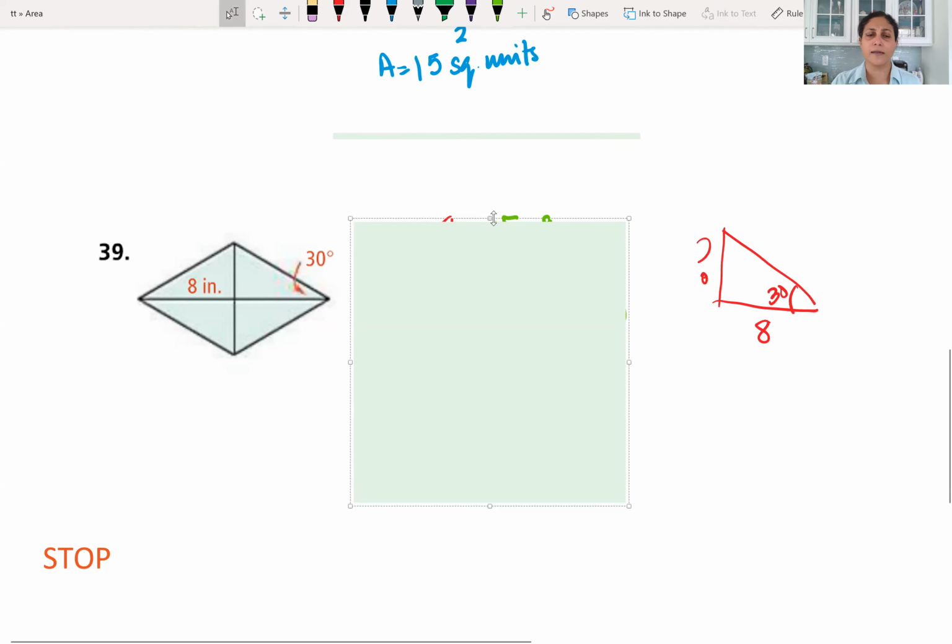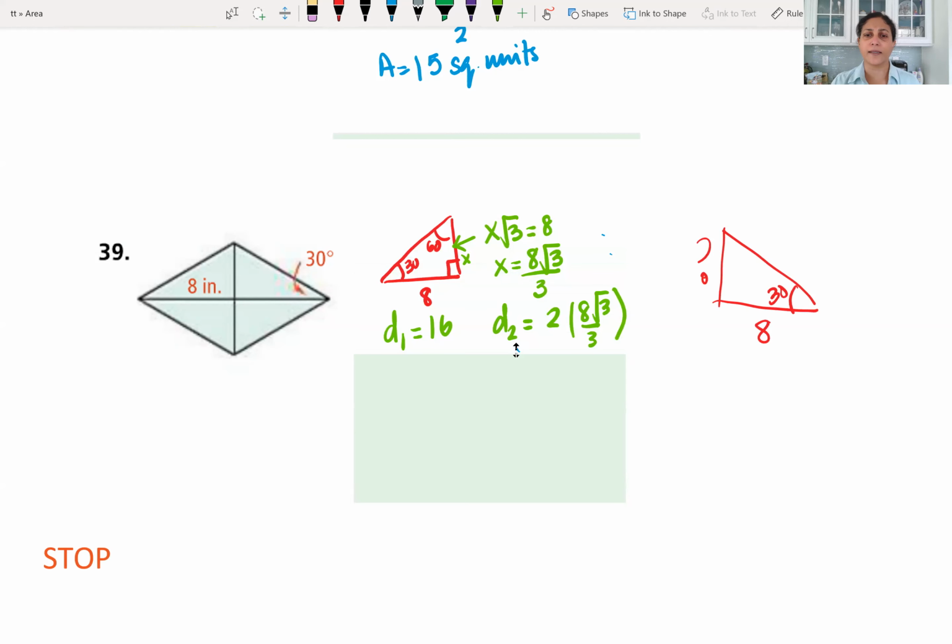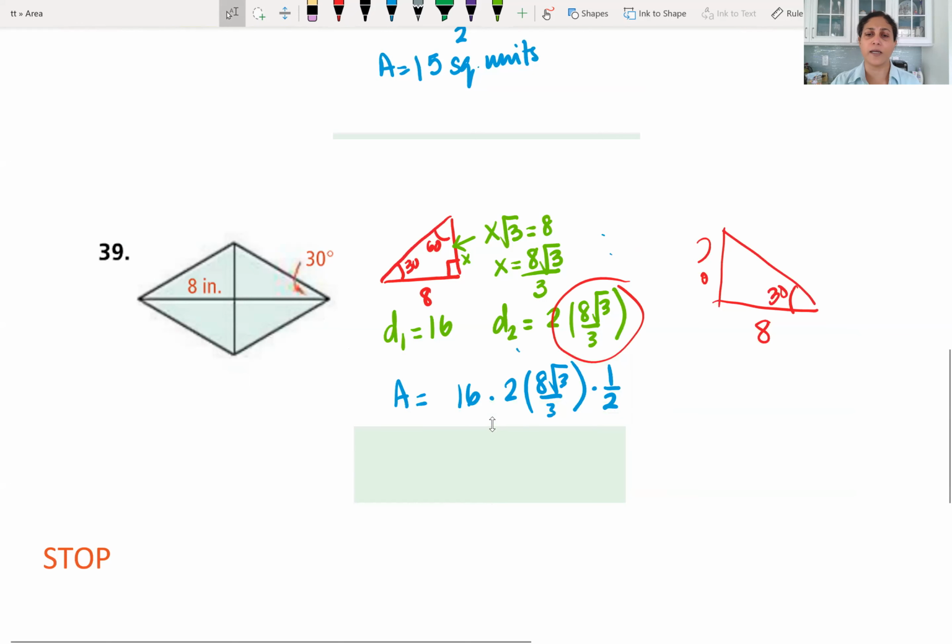So x itself is 8 radical 3 over 3. And then if you multiply that by 2, you get the second diagonal, which is over here on the right side. And now you do d1 times d2, and you divide by 2, and you get 128 over 3 times radical 3. That is it.